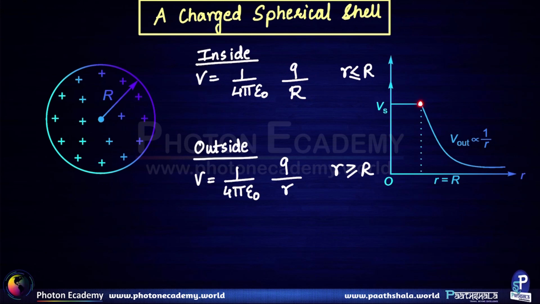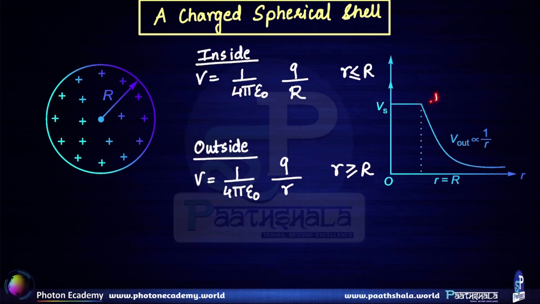We can see that the potential at the surface is 1/(4πε₀) q/R, and this is matched via this expression as well as this expression. So the potential has a continuous value.